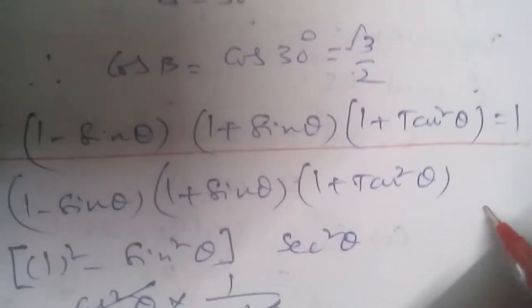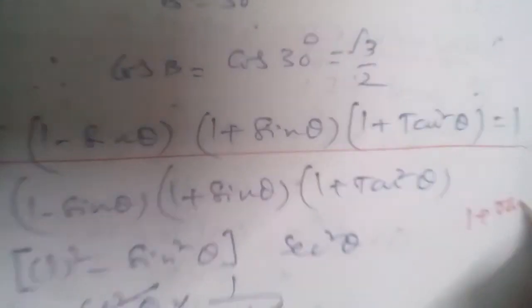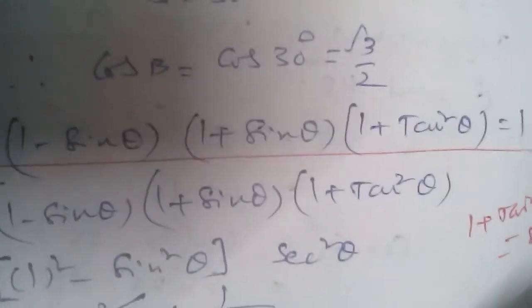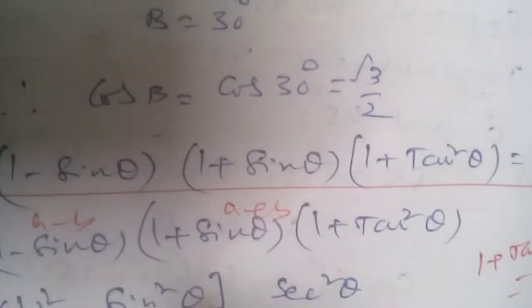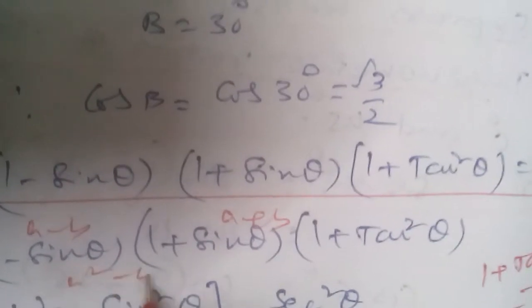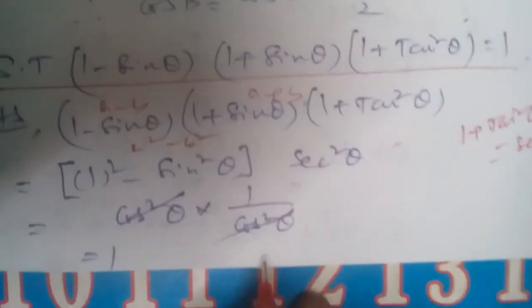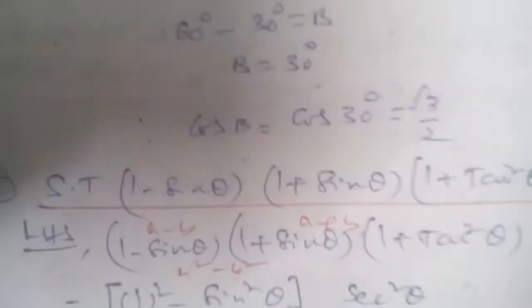We'll convert 1 plus tan square theta is equal to secant square theta. This is a minus b, this is a plus b. We'll get a square minus b square. So cos square theta gets cancelled. We'll get answer 1.